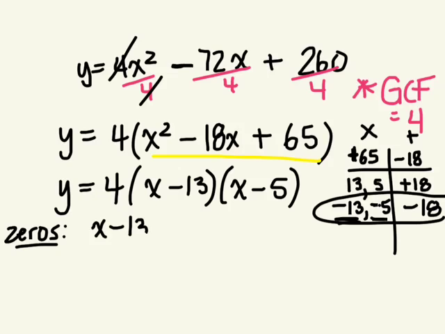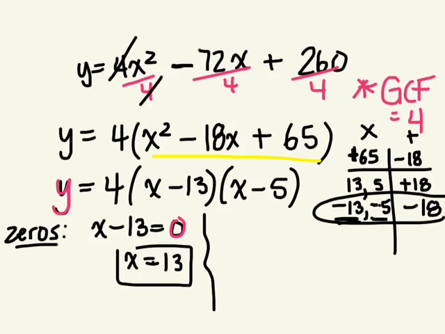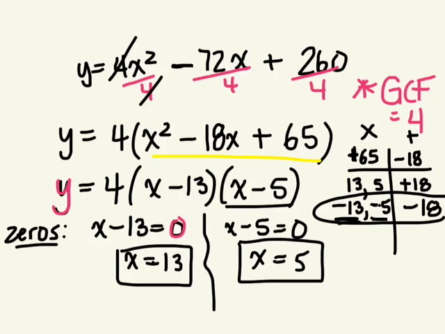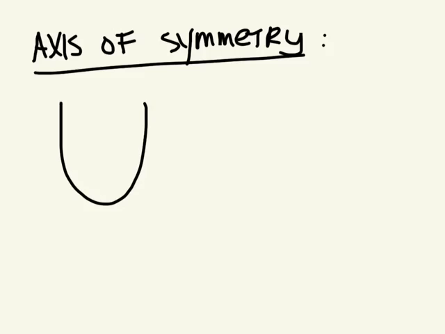Because x minus 13 is equal to 0, right? When y is 0, I know that the parabola will hit the x-axis. So x equals positive 13. That's one x-intercept. And then my other factor is x minus 5, so x equals 5. So for the two x-intercepts, remember the sign changes. They're the opposite sign.